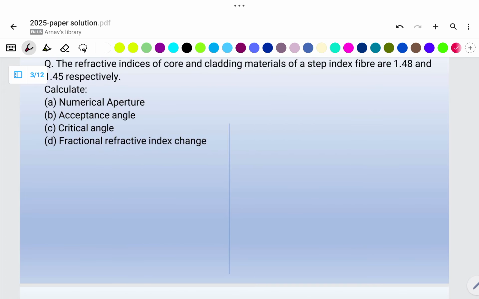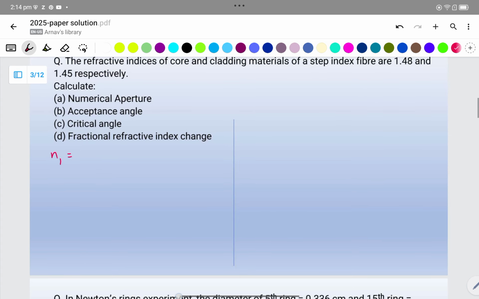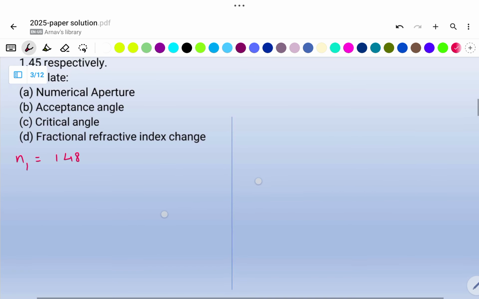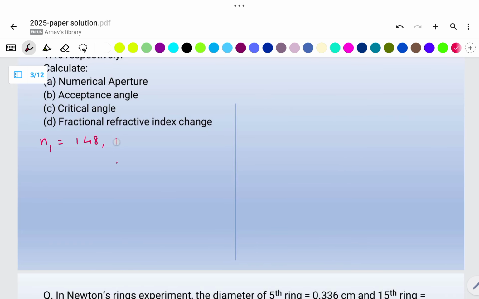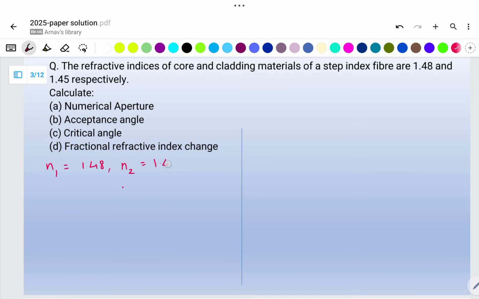The refractive indices of core and cladding are given. The refractive index of core n1 is 1.48, and the refractive index of cladding n2 is 1.45. Now the numerical aperture is the square root of n1 square minus n2 square.